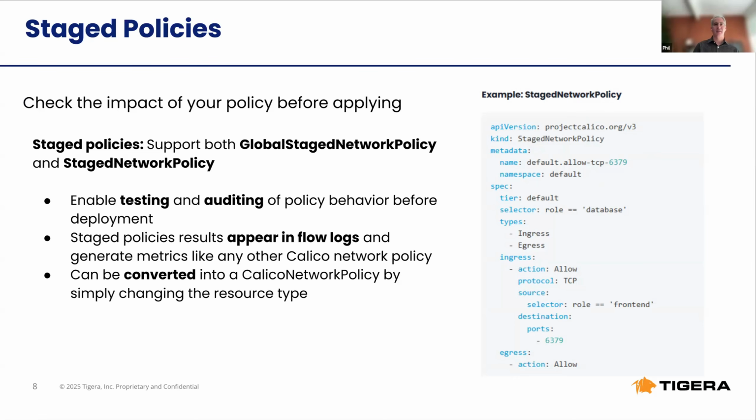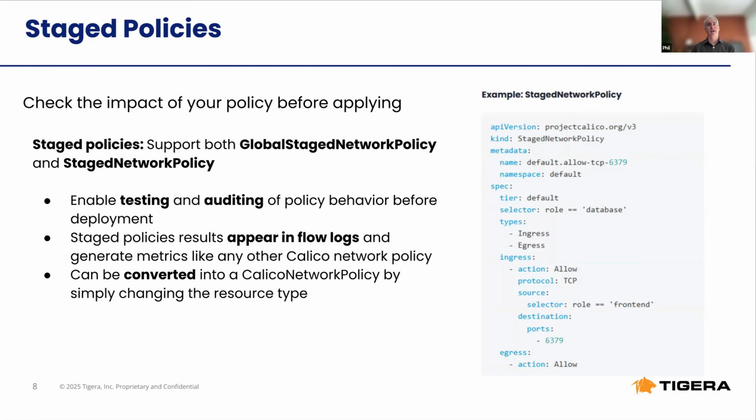For the APIs, you can see that there are two new custom resources, GlobalStagedNetworkPolicy and StagedNetworkPolicy. Those APIs look almost identical to the APIs you have for Calico network policy and global network policy.